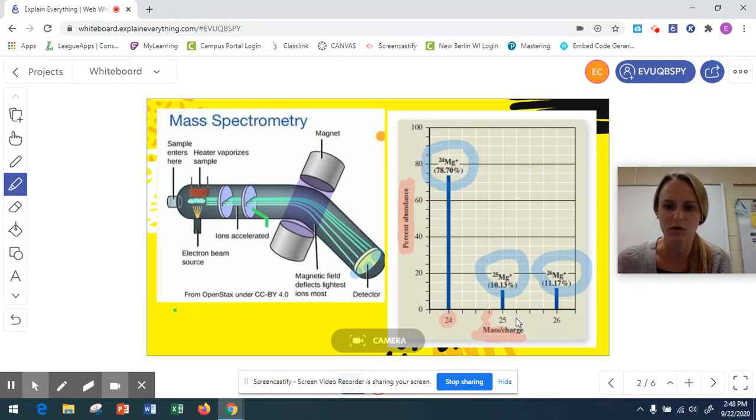So we have an atomic mass of 24, 25, and 26. We can see that, just like on the last slide, magnesium 24 is the most abundant, specifically 78% of the time it's hitting that detector, whereas magnesium 25 is hitting the detector 10% of the time, and magnesium 26 is hitting it 11% of the time.